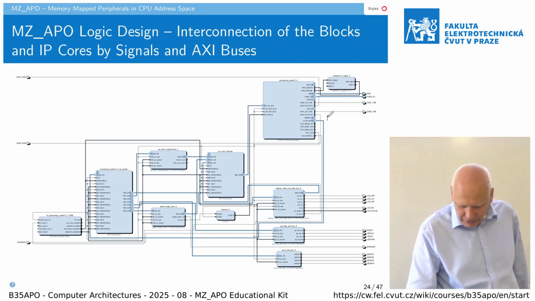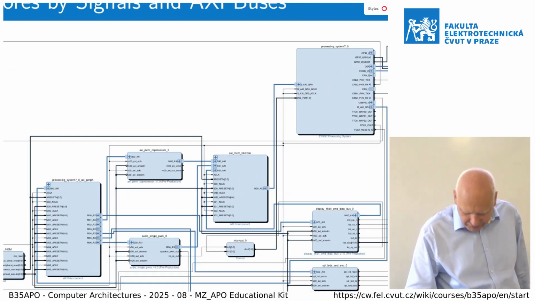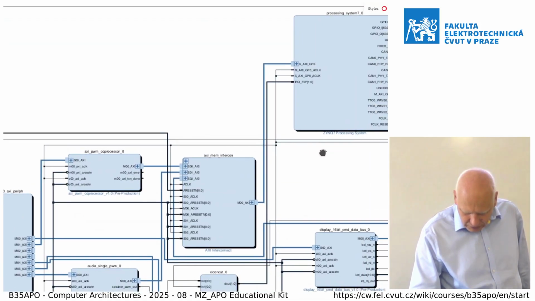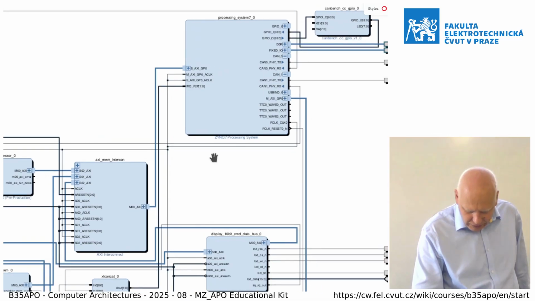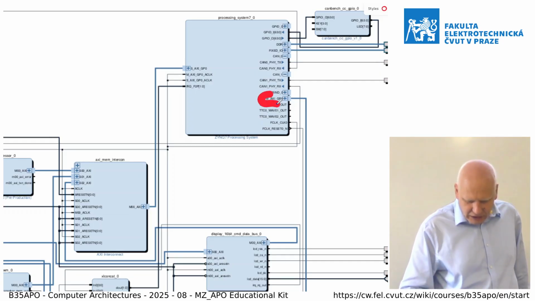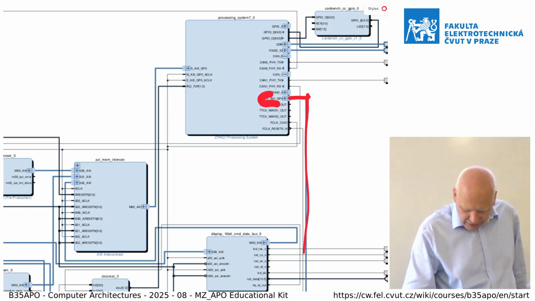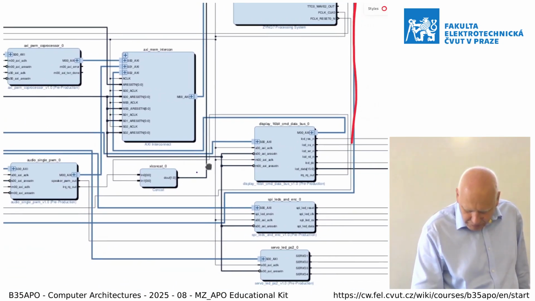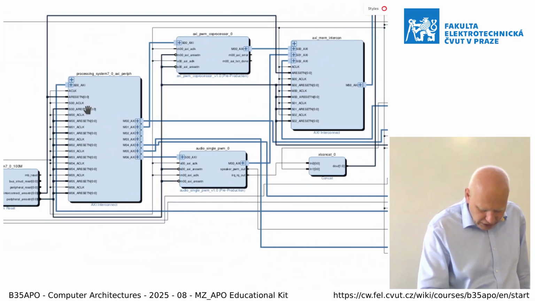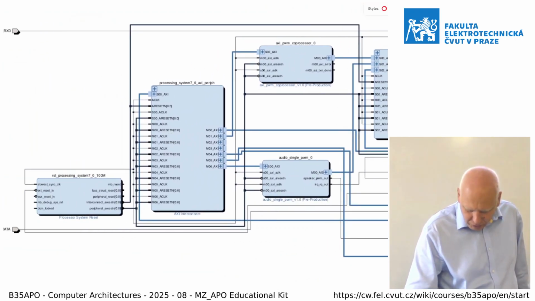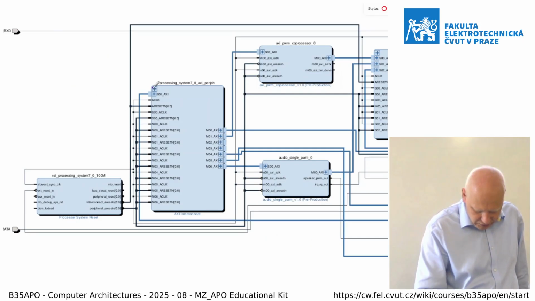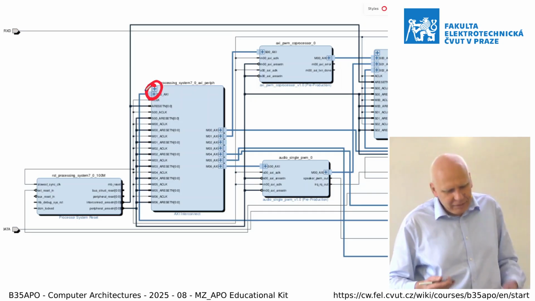So, for example, if we go there, I can make it a little bigger, then we can see that this is the AXI general purpose interface 0, and it goes this direction, and we can map it so that it goes somewhere there to this block, which takes the bus, and it implements even the address decoder.